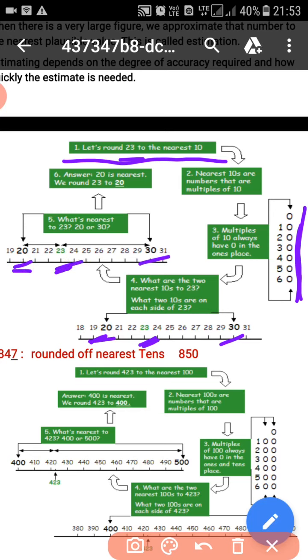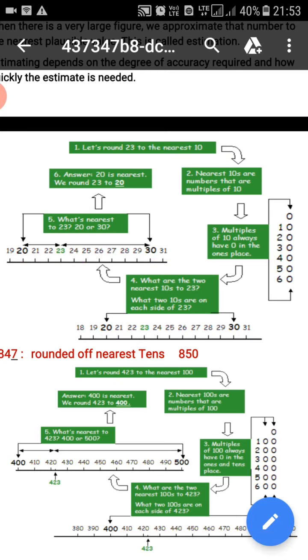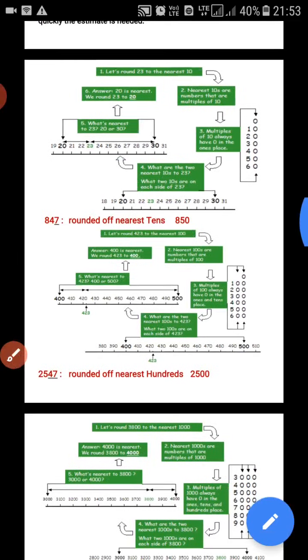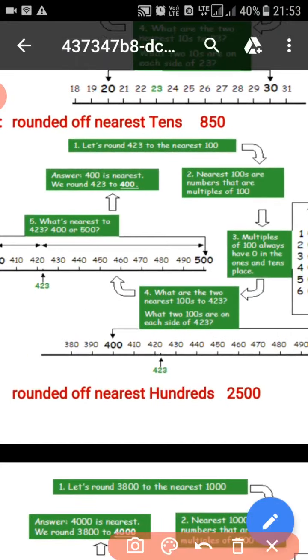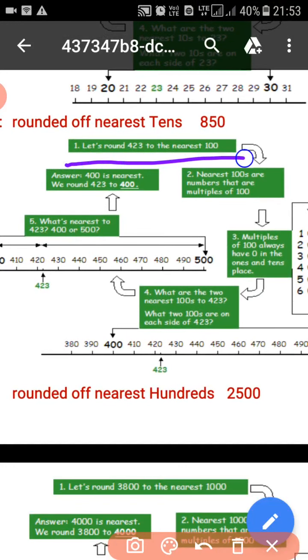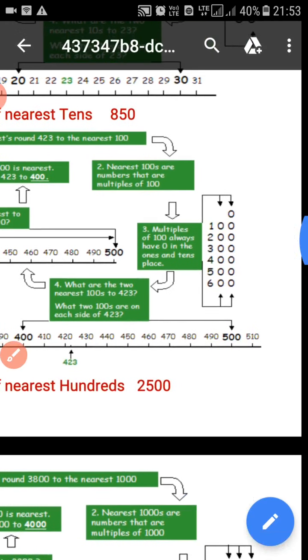The next is the same. Let's round 423 to the nearest 100. In the same way, nearest 100s are numbers that are multiples of 100, and multiples of 100 always have zeros at the ones place and tens place.